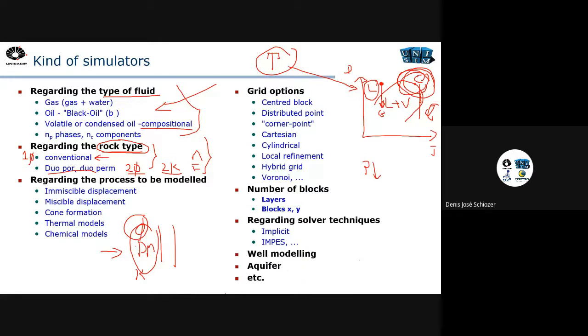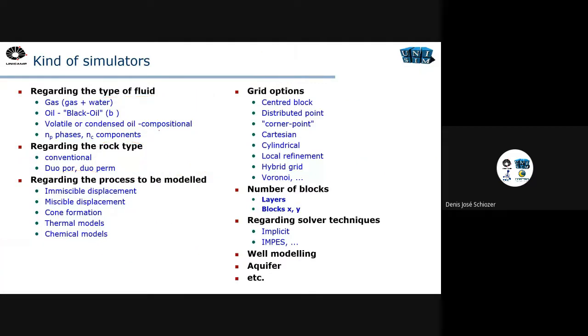Okay, so we talk about phases. Where's the mouse here? Just 1 second. We are talking about phases, we are talking about rocks. And the other important aspect that we have to consider is the displacement we have in the rock, the recovery mechanism we are going to have.